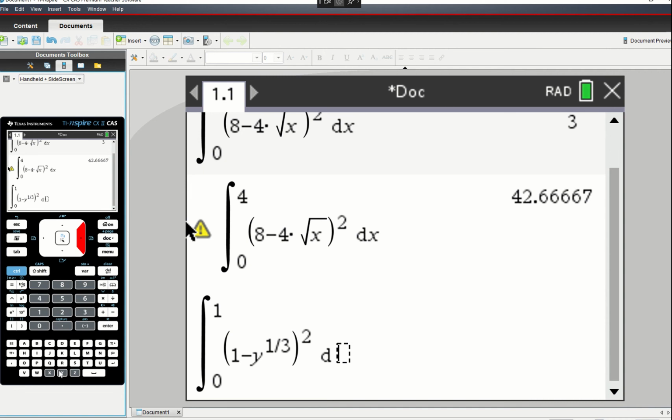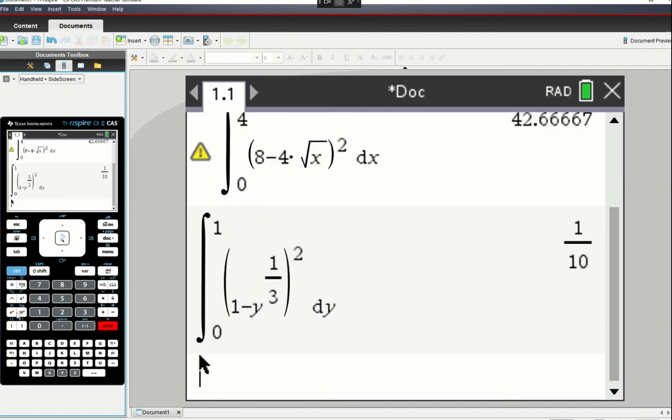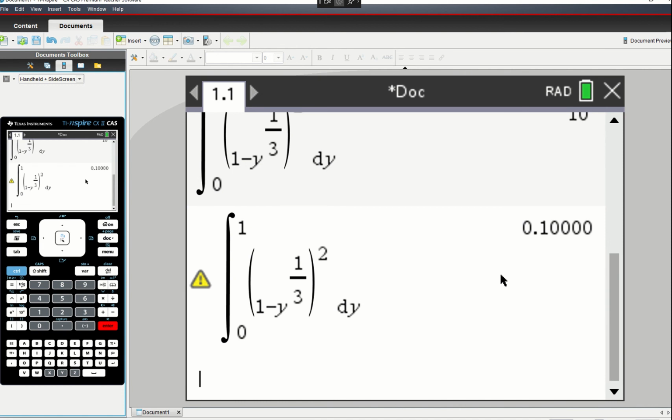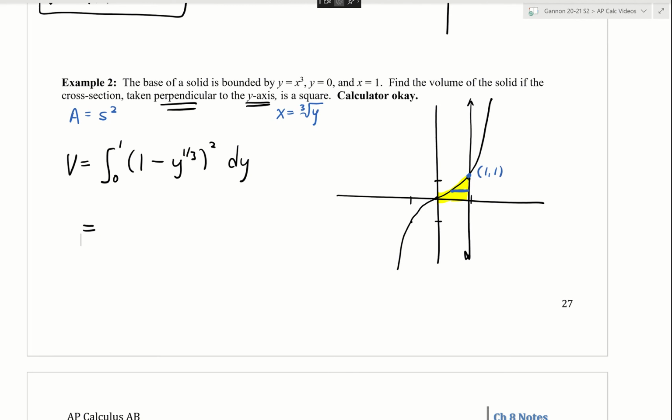And we're going to integrate that with respect to y. Hit enter, we get 1/10, which as a decimal is about 0.100. And the other thing you have to remember is we're finding volume, so it's going to be units cubed.